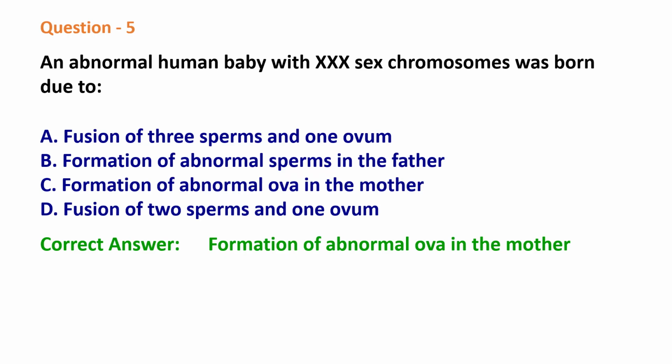In that case, that cell will have two X chromosomes. So when that egg having two X chromosomes, the abnormal ovum, fuses with a normal sperm having yet another X chromosome, the baby will have three X chromosomes. So that's the explanation.